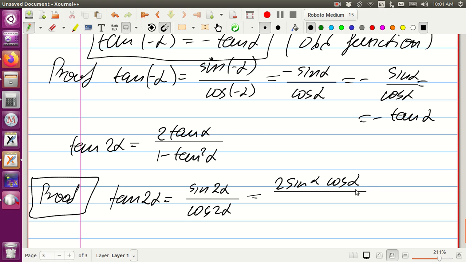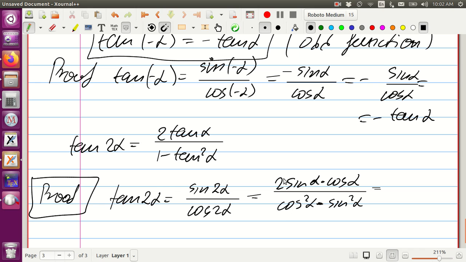And on the bottom, you can put cosine squared of alpha minus sine squared of alpha. Got stuck for a second in my head, but let's fix it. So what we want to get on the bottom, we want to get tangent.